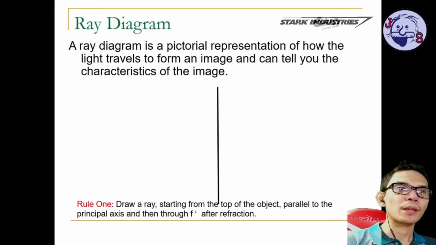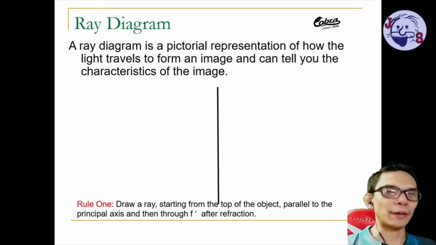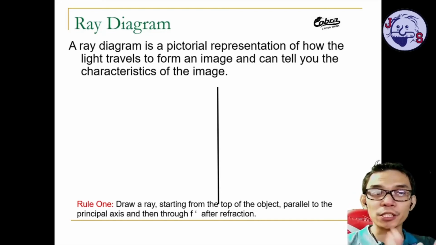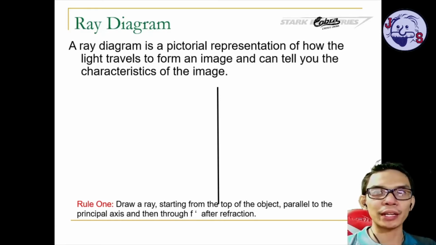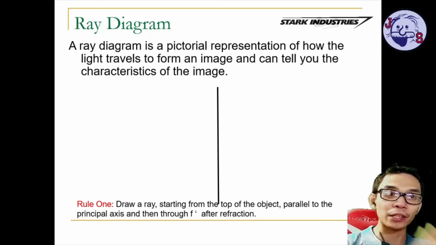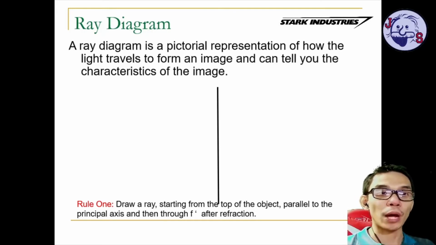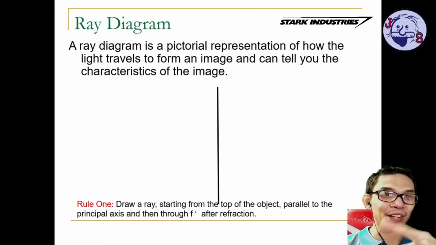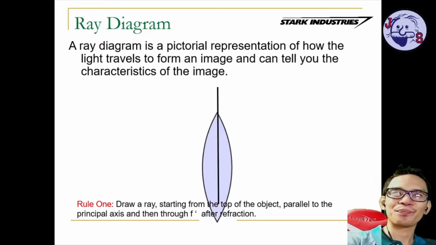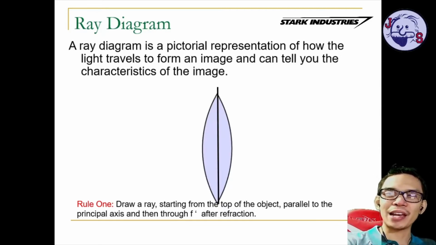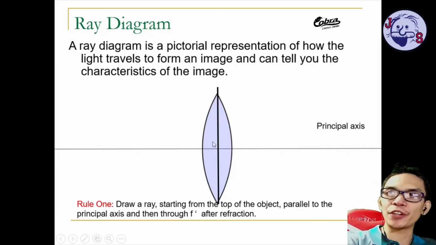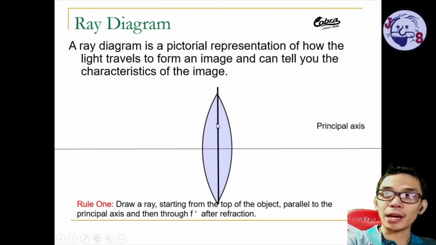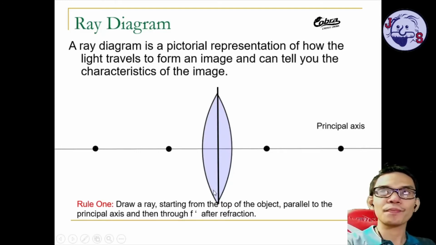So we go now to the ray diagram. Again, you can pause this video several times for you to experience how to draw the ray diagram. Follow the rule that we have right here. So you can draw this one before I reveal the answer. So this is the convex lens, the principal axis, and I have here a vertical line drawn at the middle of the convex lens.